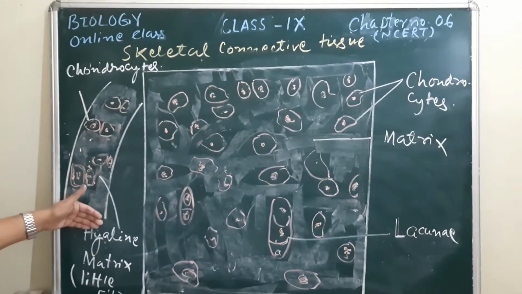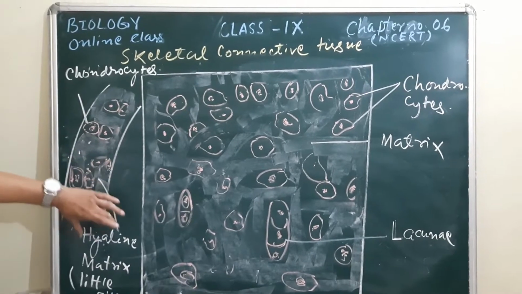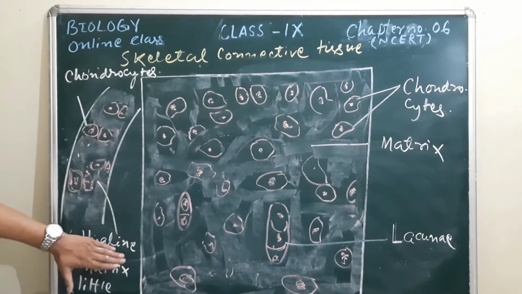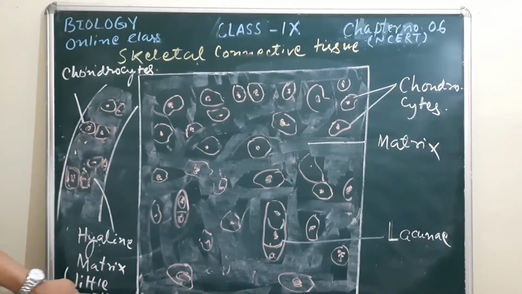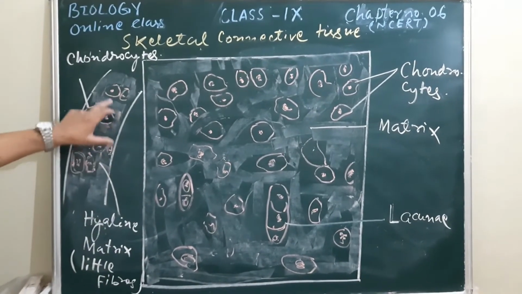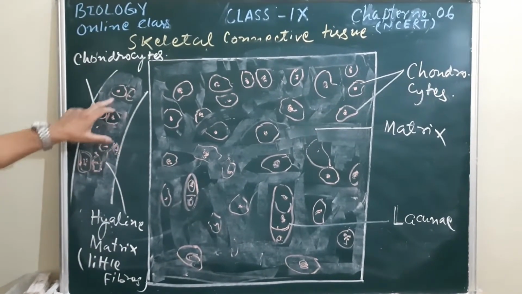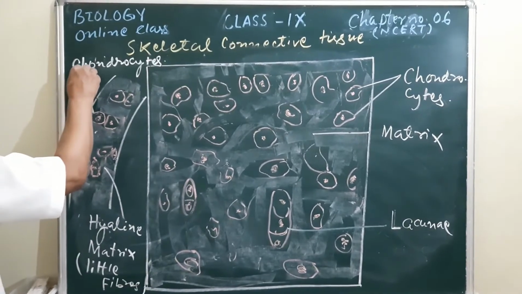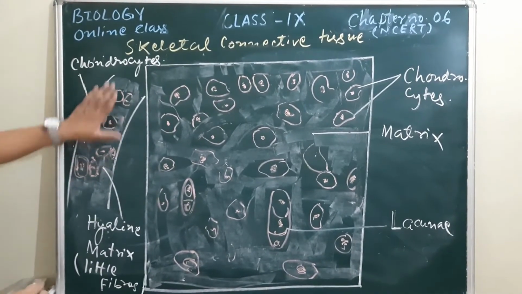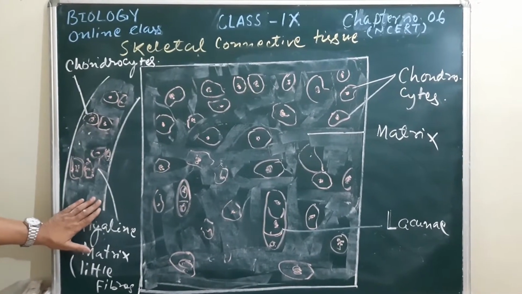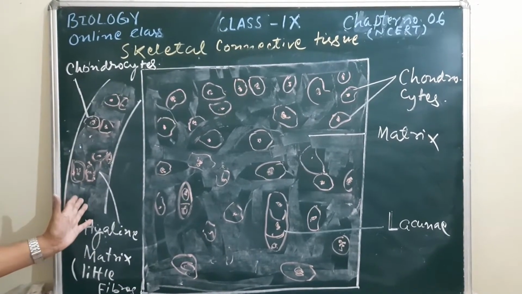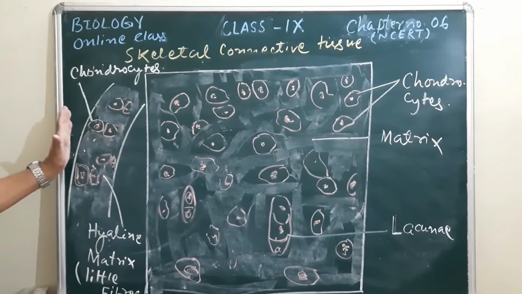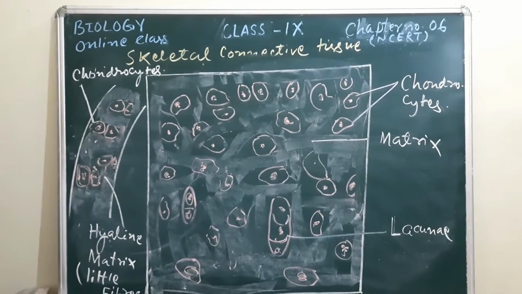Here this shows a special type of hyaline matrix with little fibers present in it, and the chondrocyte cells are also in this picture you are looking at. Understand? So this is the description of the cartilage.